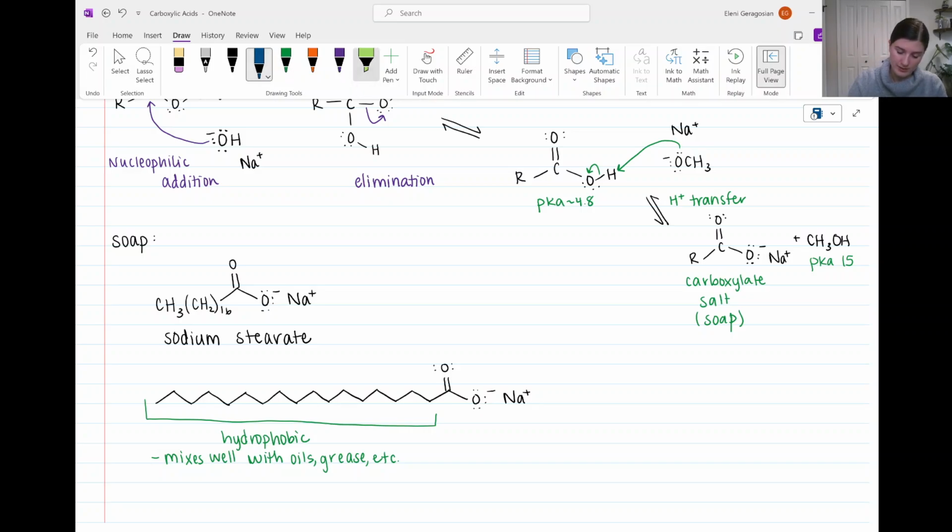Now, the right side of how we've drawn it here, this right side of the molecule, we have polar bonds and we have formal charges. We have a negatively charged oxygen and a positively charged sodium. So this part of the molecule is hydrophilic. So this does mix well with water.